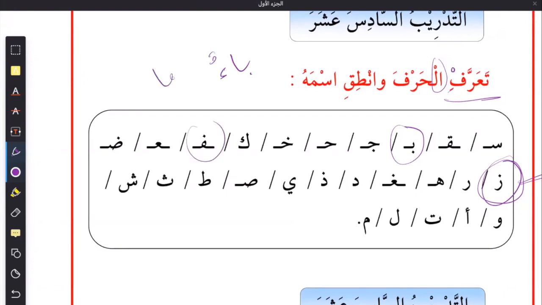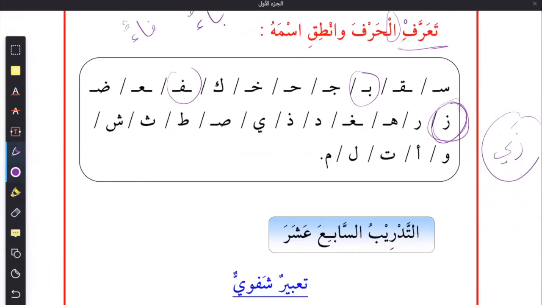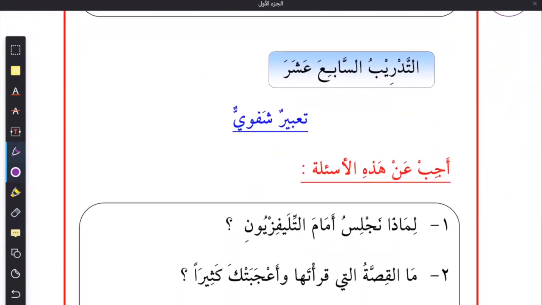Fa would be Fa'un. So what is the name of this letter? It will be Zai, not Za. I don't know the spelling, but the pronunciation is Zai. It's not Za'un. That's not the name of the letter. Nonetheless, it's not that important, so that's what it is.